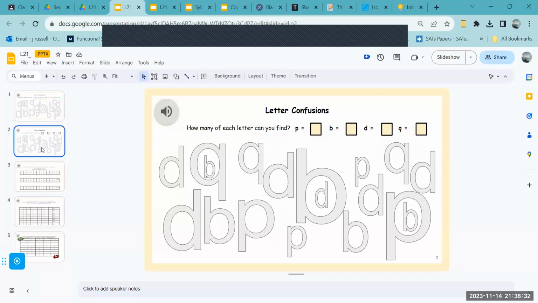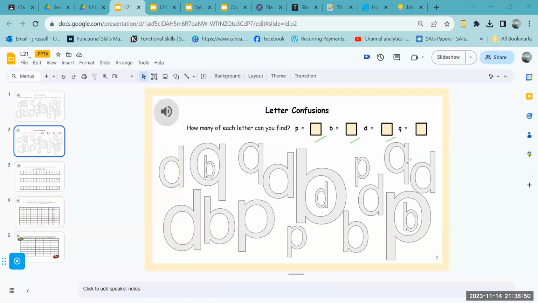This time we've got the same kind of letters again. So we've got the B, the P, the D, and the Q. But this time you're going to do it again, and you're going to write down in the 4 yellow boxes. So here we go. Let me grab that pen. Here, here, here, and here. How many of each letter?